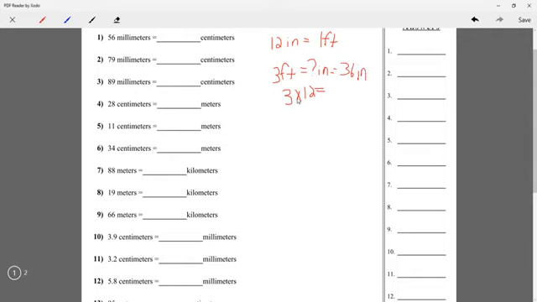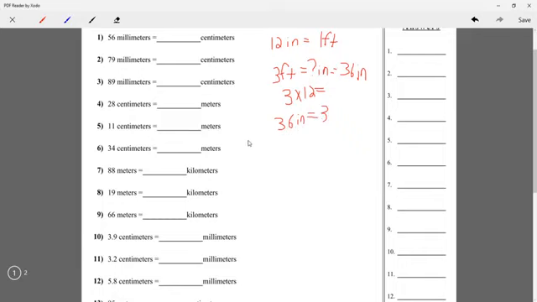So, that means that if I'm going from a bigger unit to a smaller unit, like feet to inches, I have to multiply. And if I'm saying 36 inches equals how many feet, it's going to be 3, because then I'm dividing.